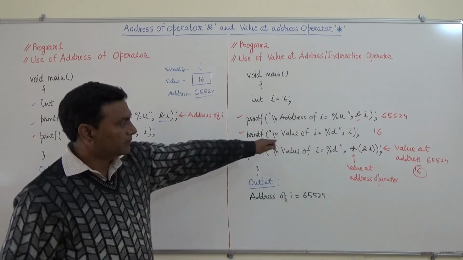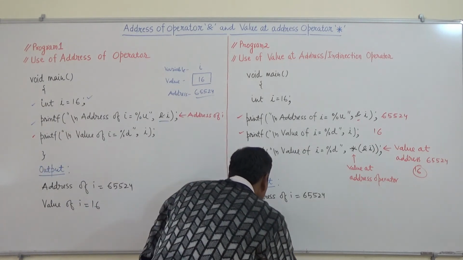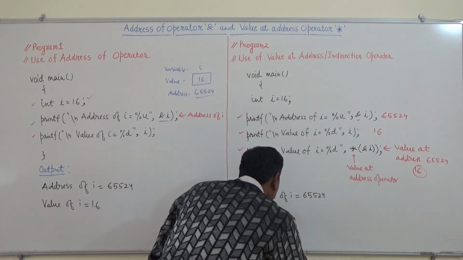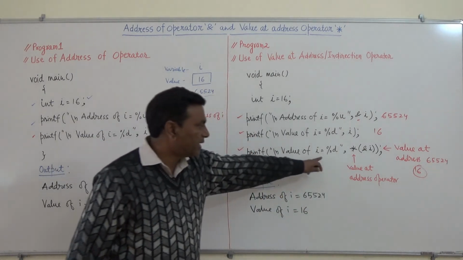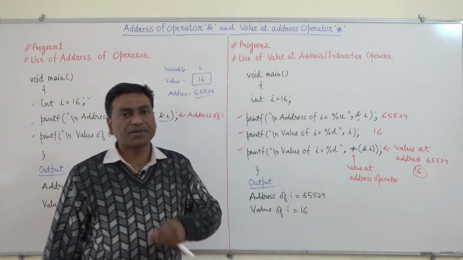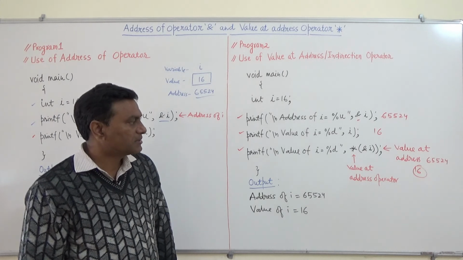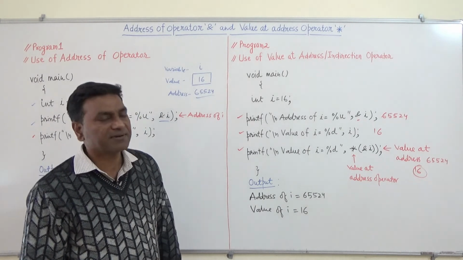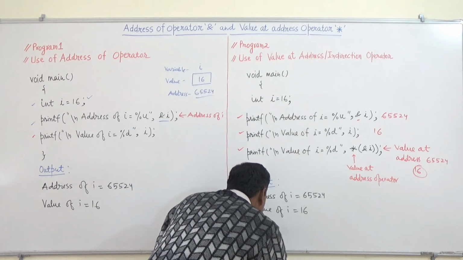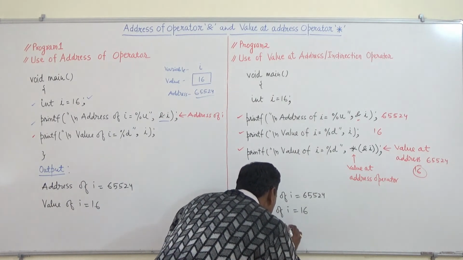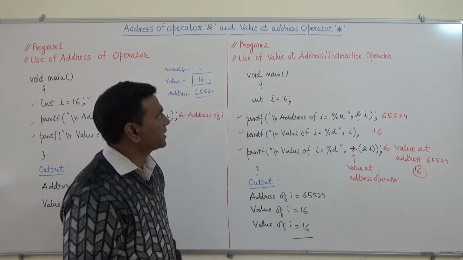Then the value of I equals 16. And then the value of I is also 16, but we are printing it in a different way by using the value at address operator. That means the value at address 65524 is also 16. So again it will give 16. So this is the output for the second program.